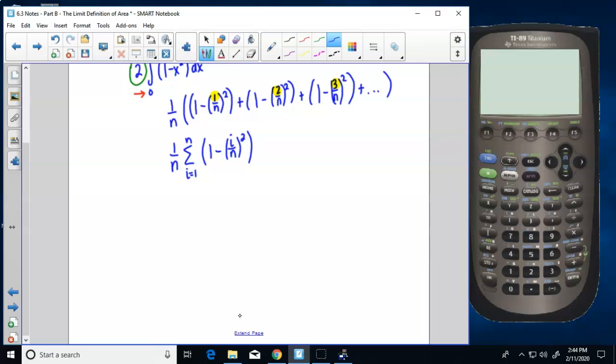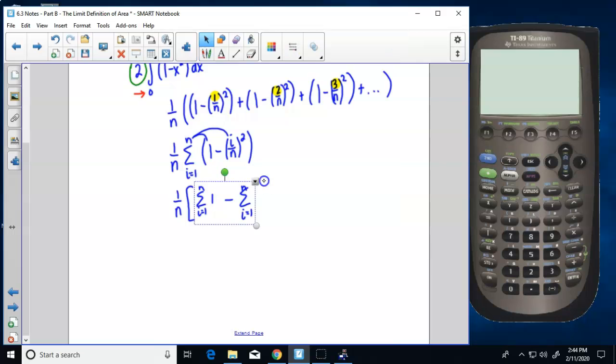I'm not going to write the limit notation yet because I don't want to take too long. I could do the sum of these two things separately: the sum from 1 to n of 1 minus the sum from 1 to n of i squared over n squared.